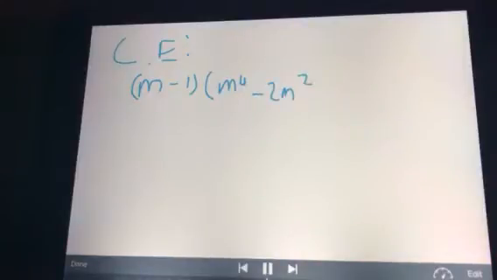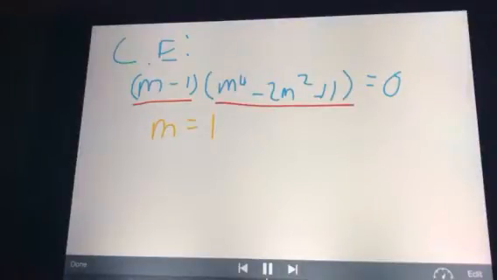Now, we have to essentially find the characteristic equation of that, which basically means we'll go ahead and replace the D's with our m's, and we're left with m minus 1 multiplied by m to the fourth minus 2m squared plus 1 equals 0. And of course, looking at this here, we can tell that our m is equal to 1, and we already found what the m's equal before with this side, and we know that that was 2 plus and minus 1s.